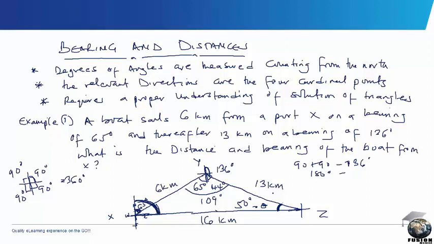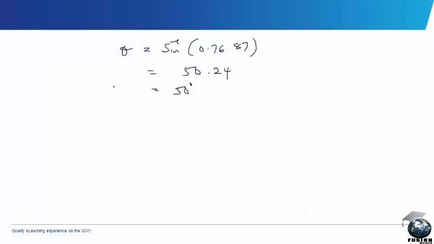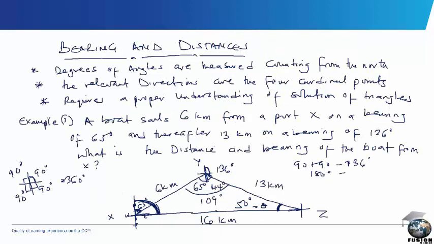Okay, and so we go back and say therefore the bearing of x to z will be equal to 50. Alright, what did we do? Let's check back.